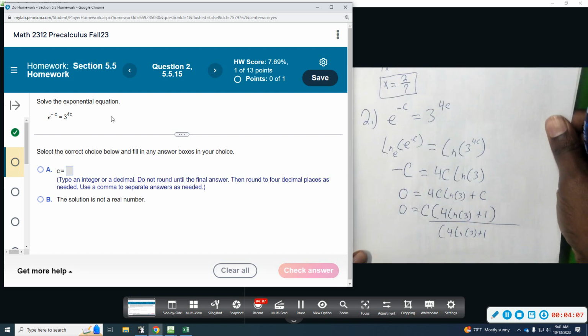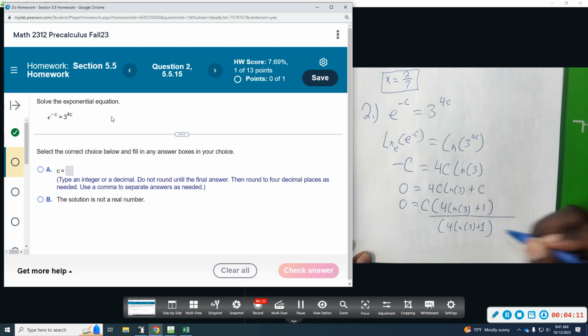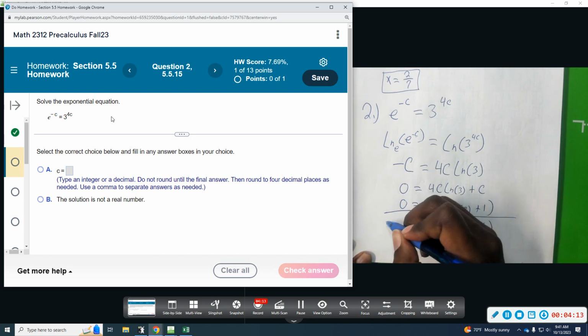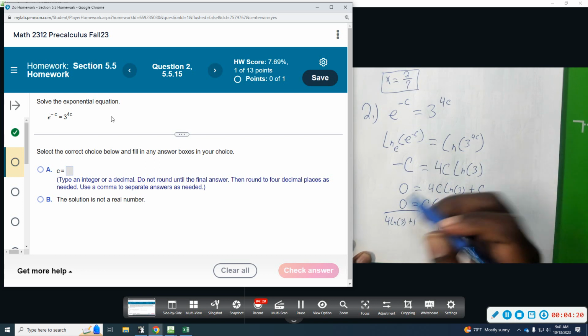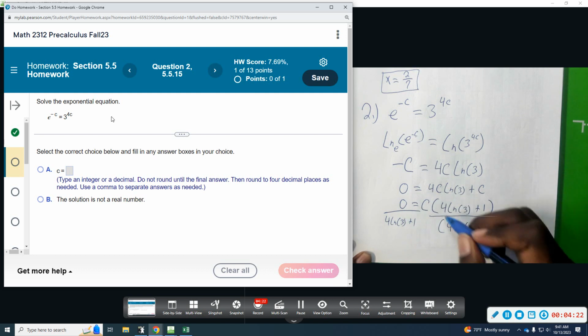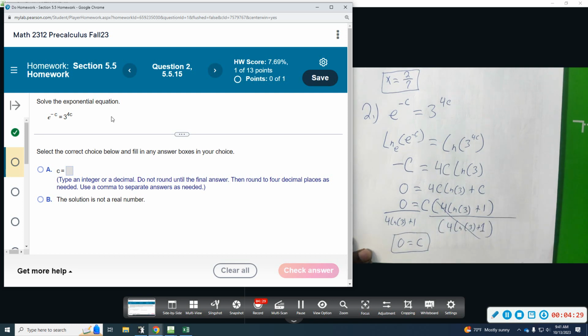And then over here I would divide by the same thing, 4 ln of 3 plus 1. So 0 divided by this is just 0. This will divide out, so we get c is equal to 0. That's what's going to make this work out.